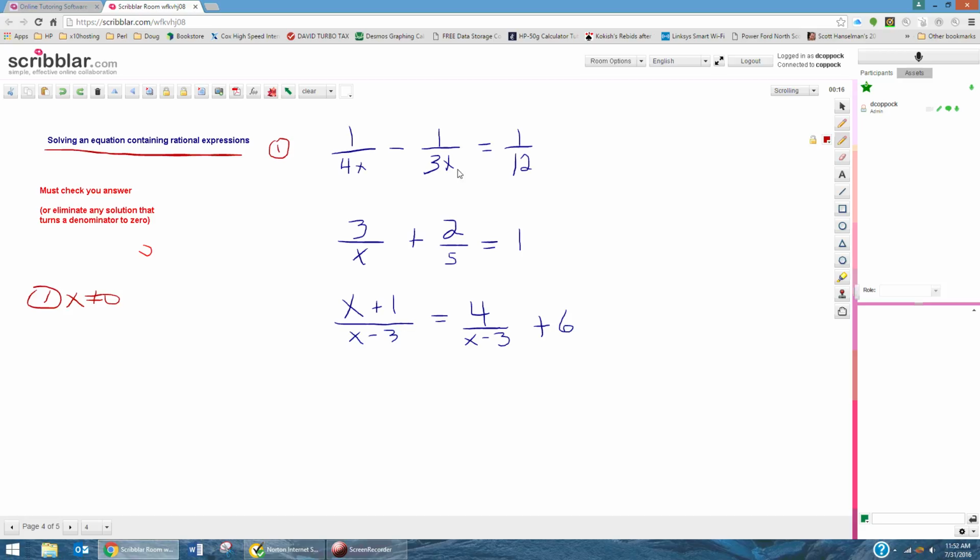Now, let's look at the LCD. Remember, 12 can be rewritten as 2 squared times 3, or 4 times 3. This 4 can be written as 2 squared. So what's the LCD for number 1?